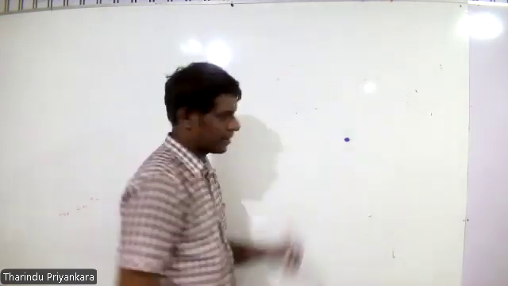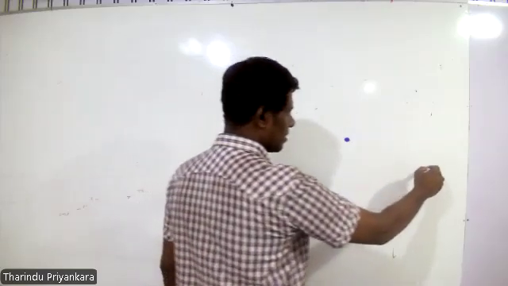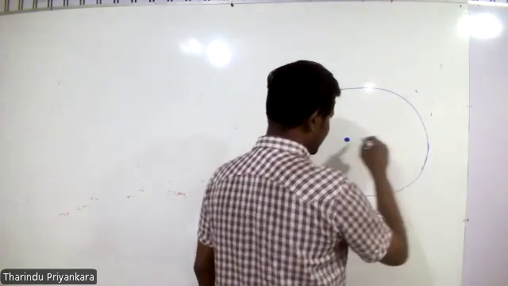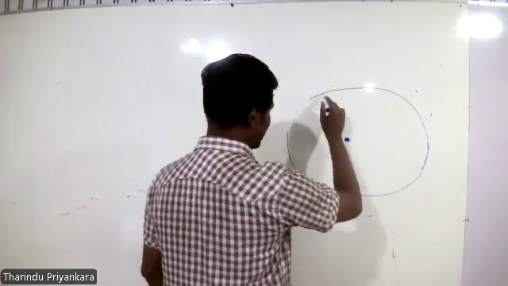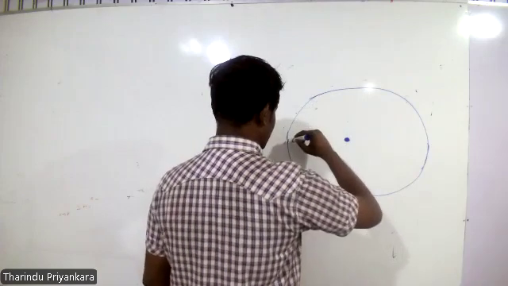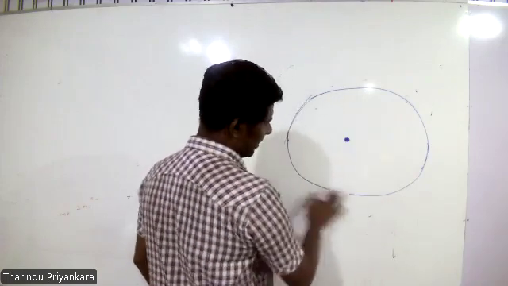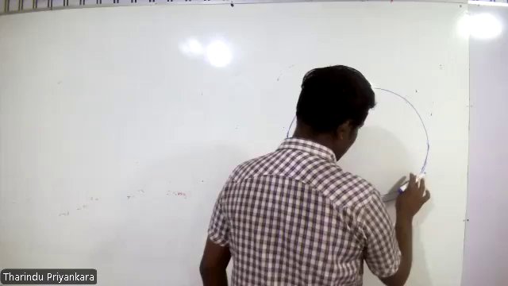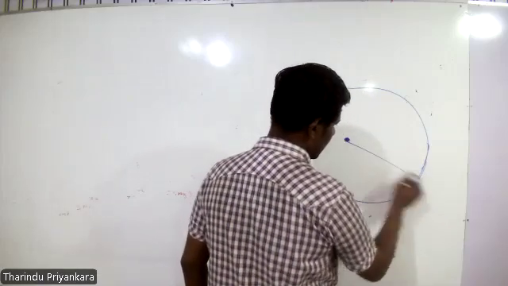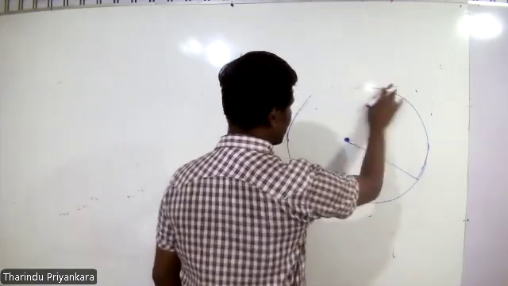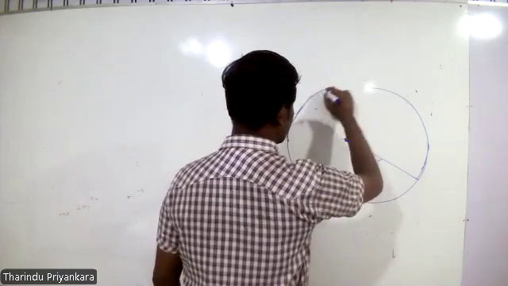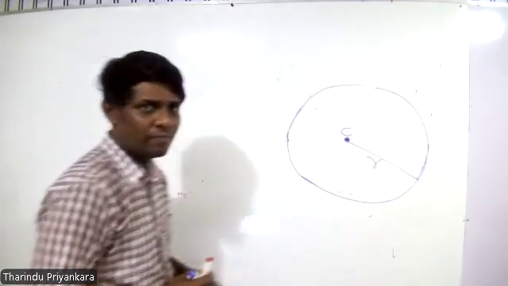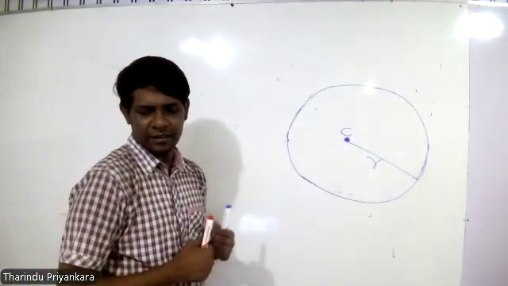Okay, this is a fixed point. I will let a certain object move around this in a circular path having a radius of r. This is the center, the fixed point.